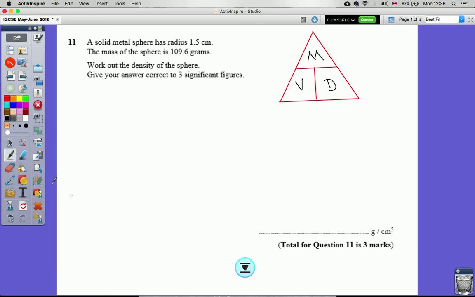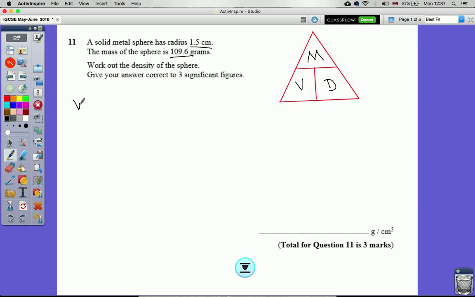So we're looking for the density. We know the mass is 109.6 grams. We know the radius of the sphere, so we need to work out the volume. Once we work out the volume, then we can work out the density.